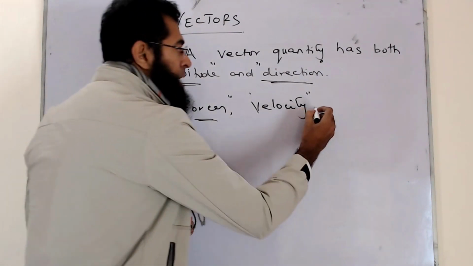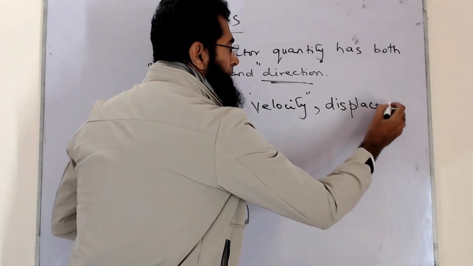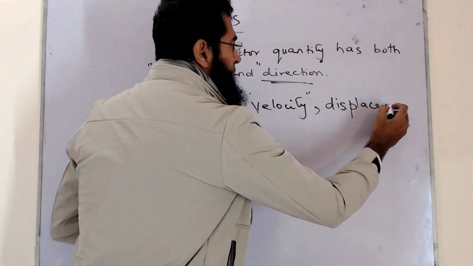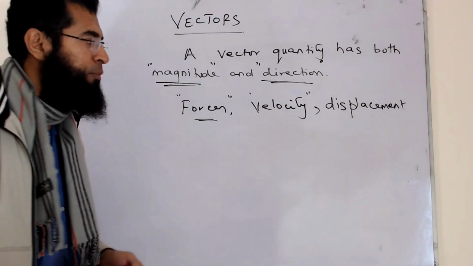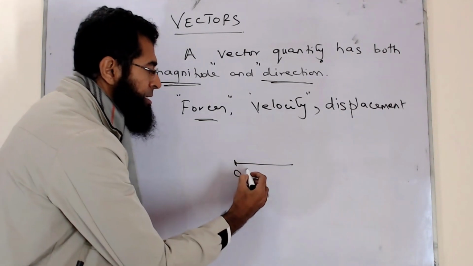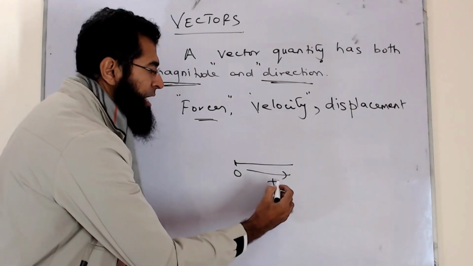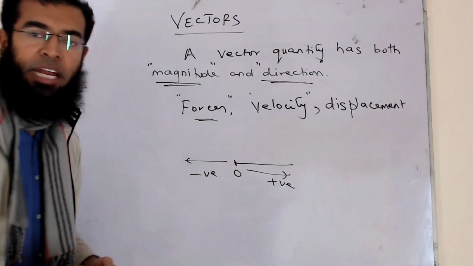Another example could be displacement. Displacement is also pretty simple. From the origin, we take the distance, right? For example, this is the distance, and this direction we take as the positive direction, and the opposite direction we take as the negative direction.